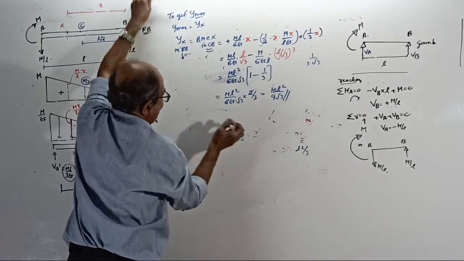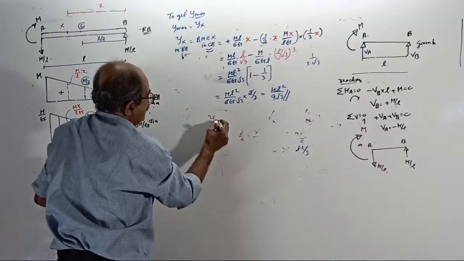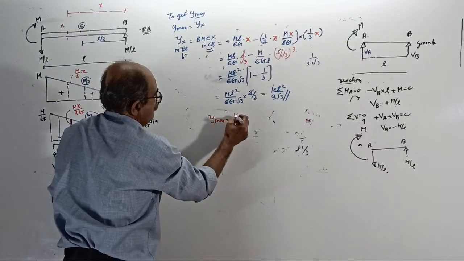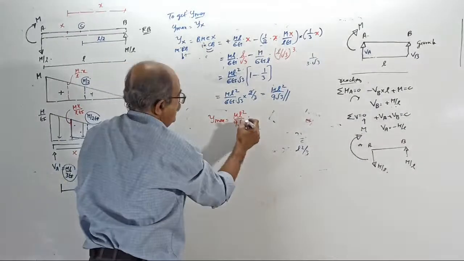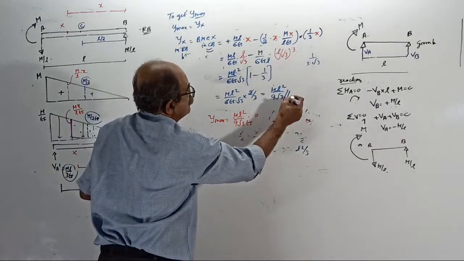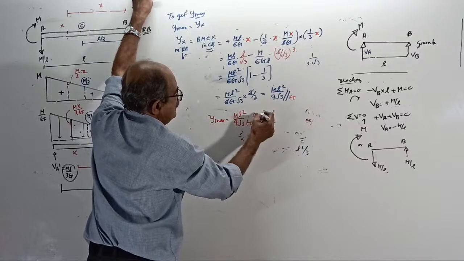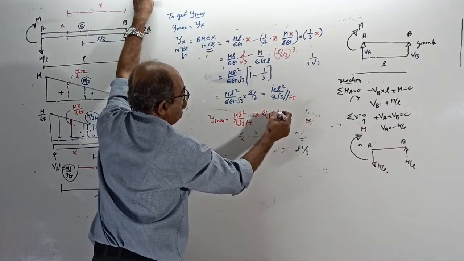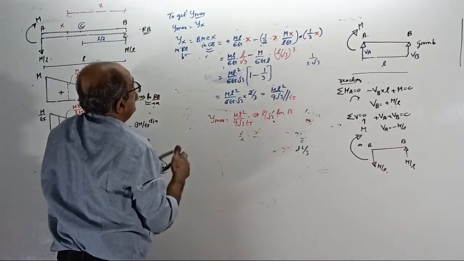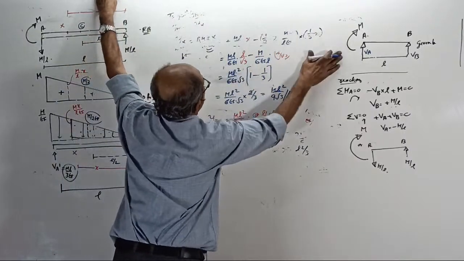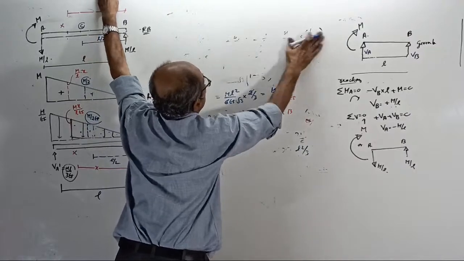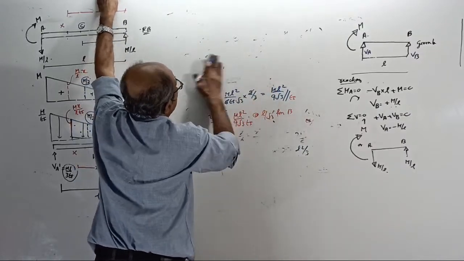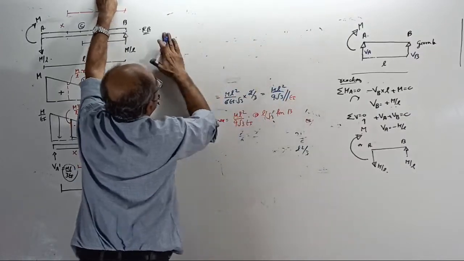Therefore, the answer, your maximum deflection is ML square by 9 root 3 EI at L by root 3 from B. If you want to understand correctly, the final answer is, see now what all I told, I will enter once again. Do not memorize A, B, C, D or left and right hand.